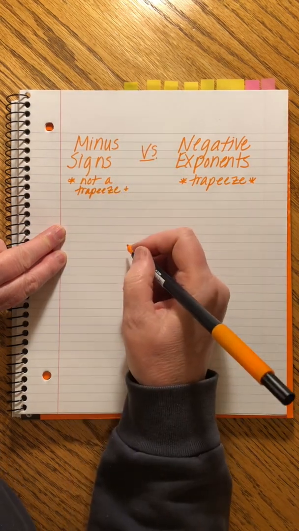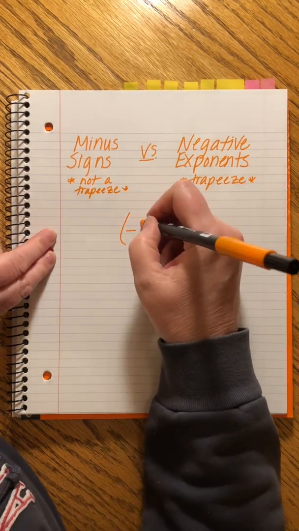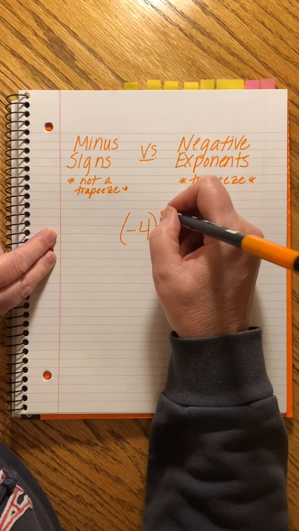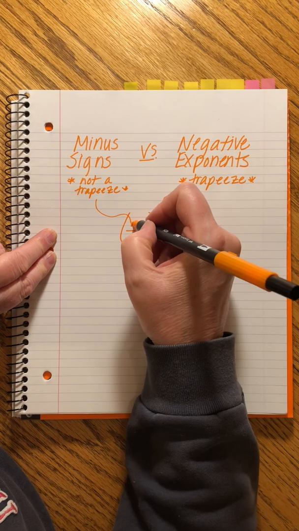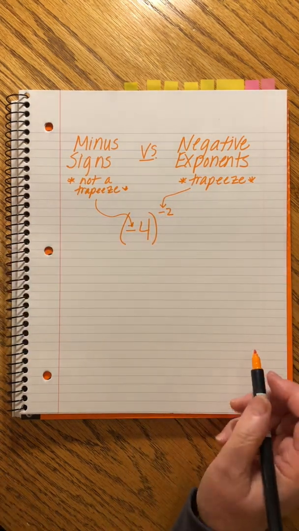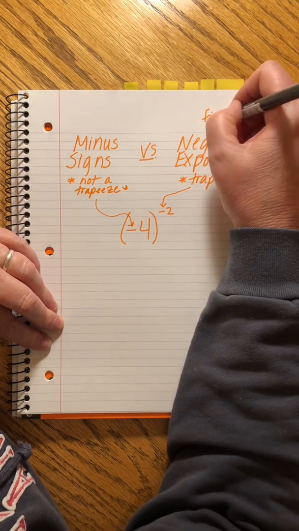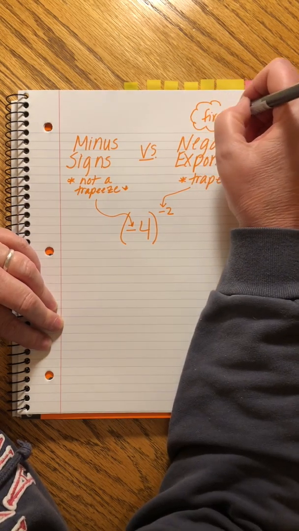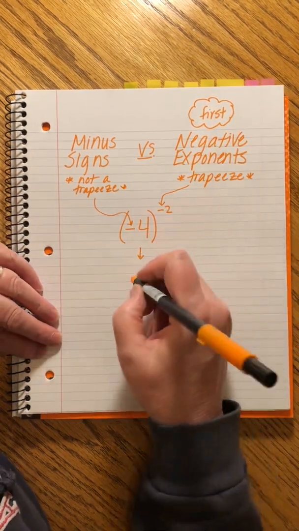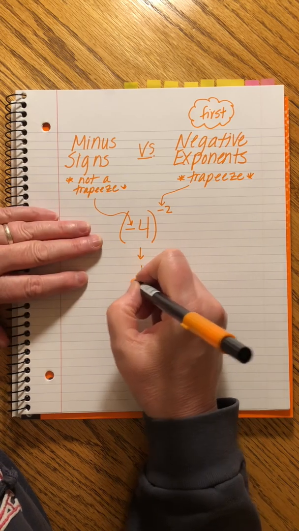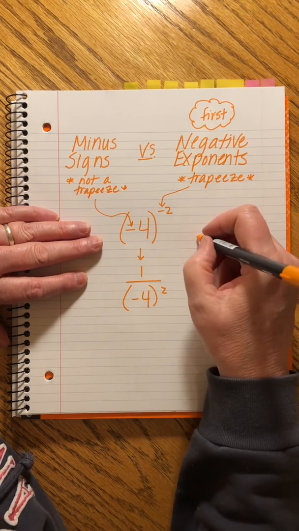So when we get something like this, this is the trapeze, and this is not a trapeze. So we always do the negative exponent part of it first, and we just flip it. We just let the trapeze do its thing. So this would become 1 over, and we copy everything else exactly the same.